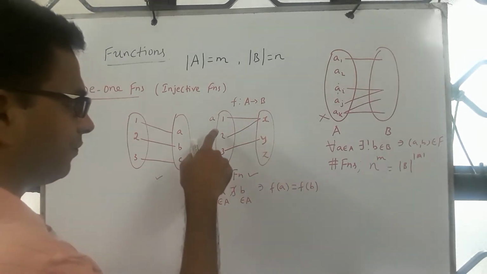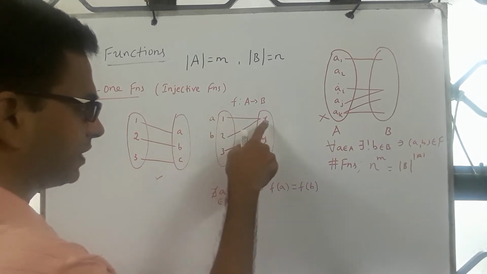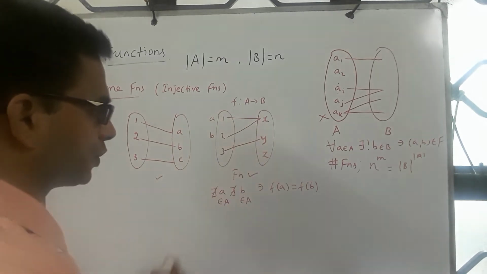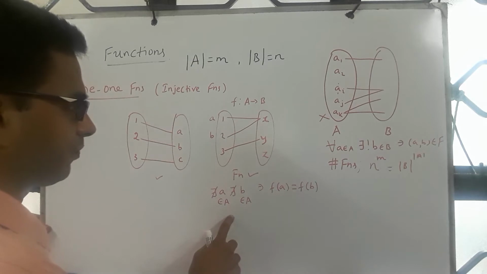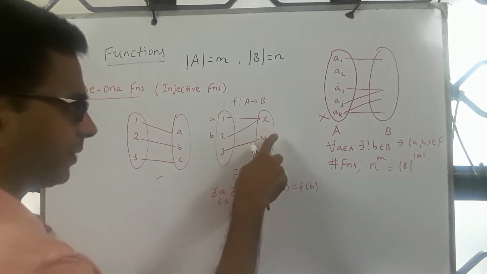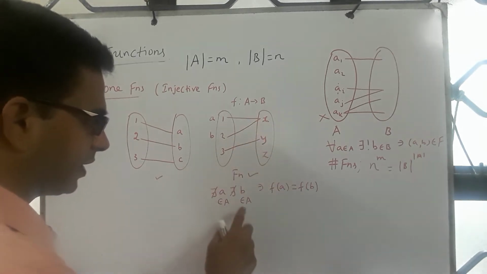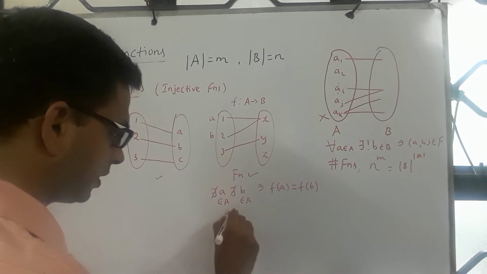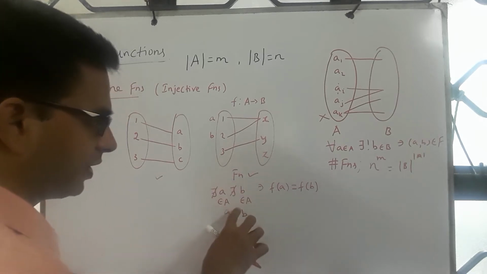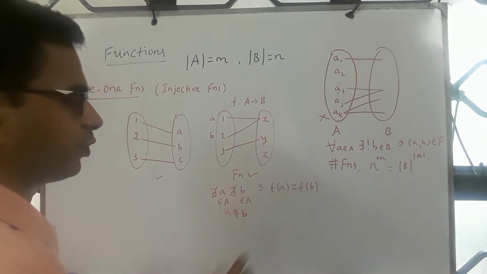So f(1) is x and f(2) is also x. That is not allowed. Two different elements from the domain cannot be mapped to the same element in the codomain.